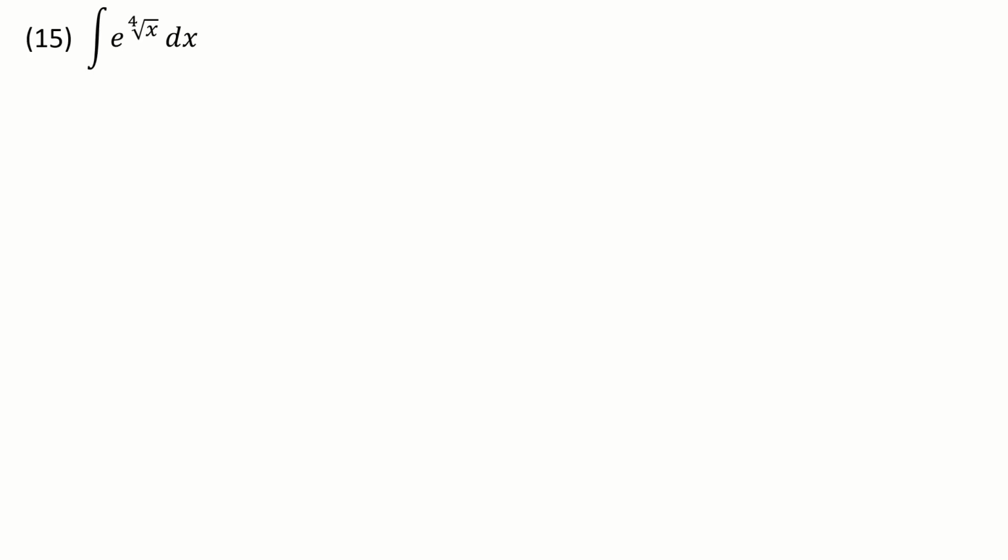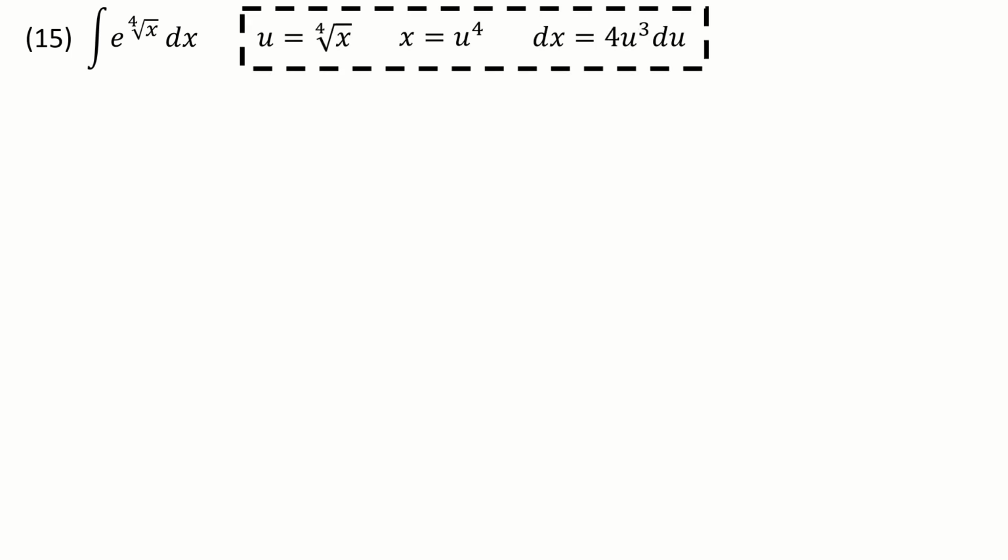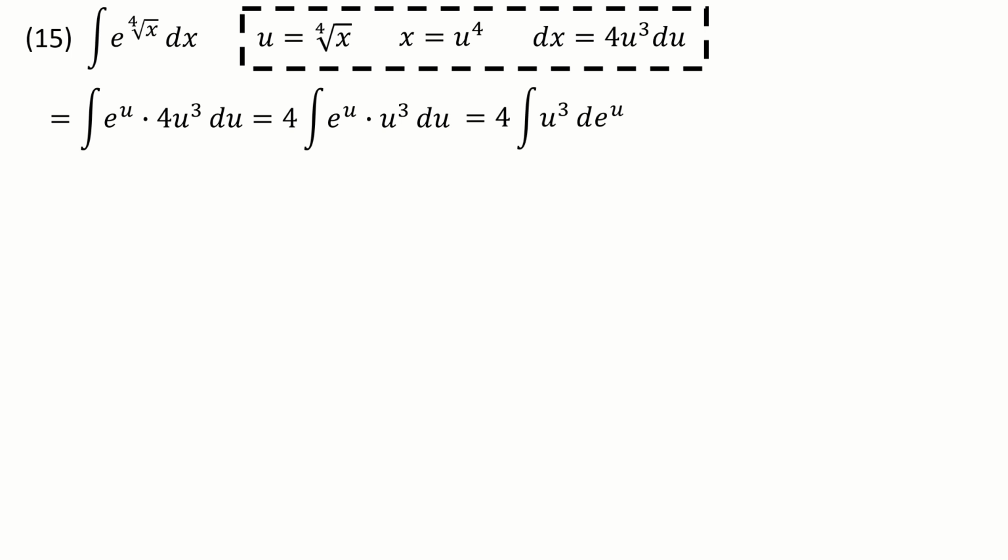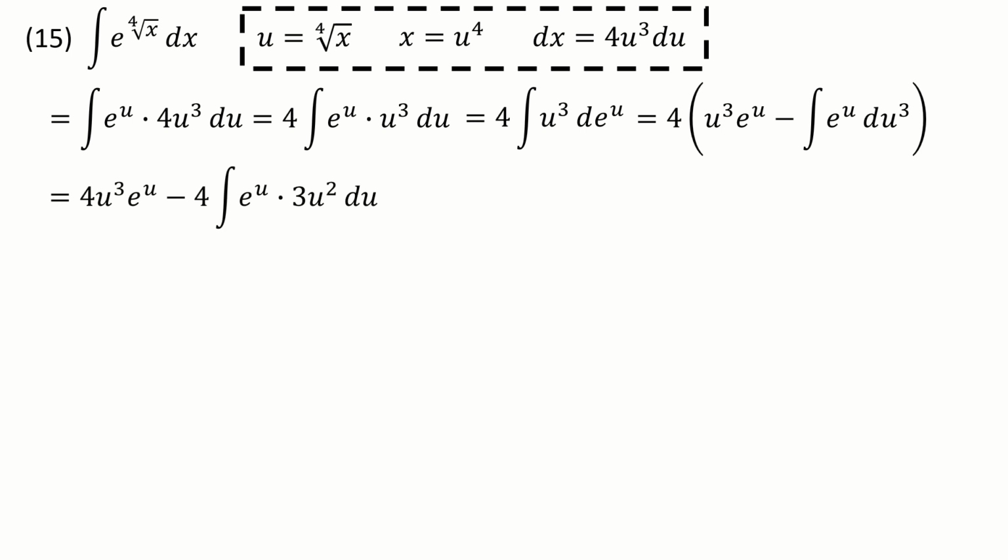Now let's look at problem 15. We have radical terms for x, so we use a substitution, and we got here. After putting them back into this integral, we got this equation. Then we take the factor 4 out of the integral. So we are ready to do the integration by parts, and we got here. Expand and simplify it.